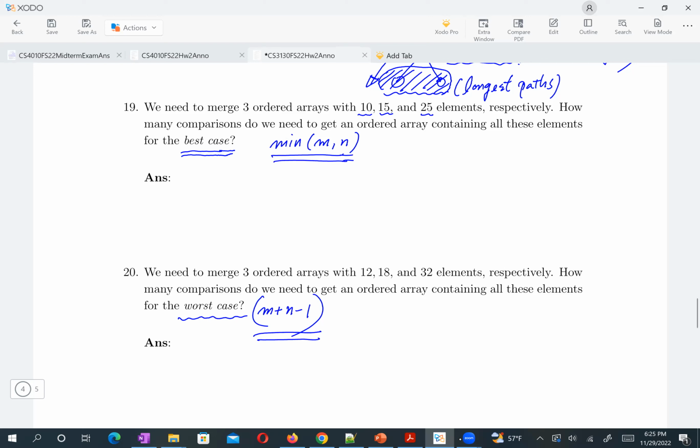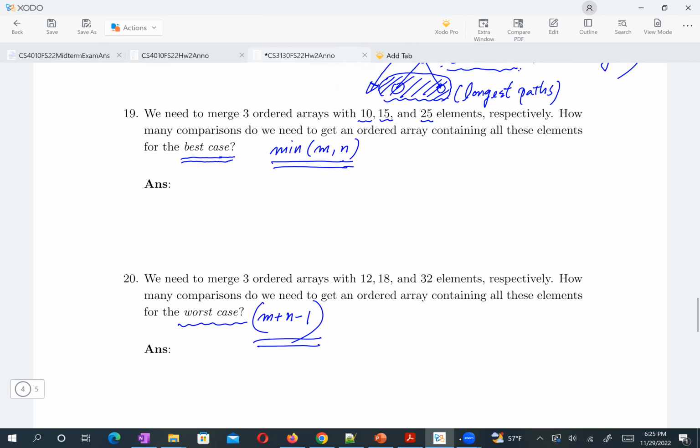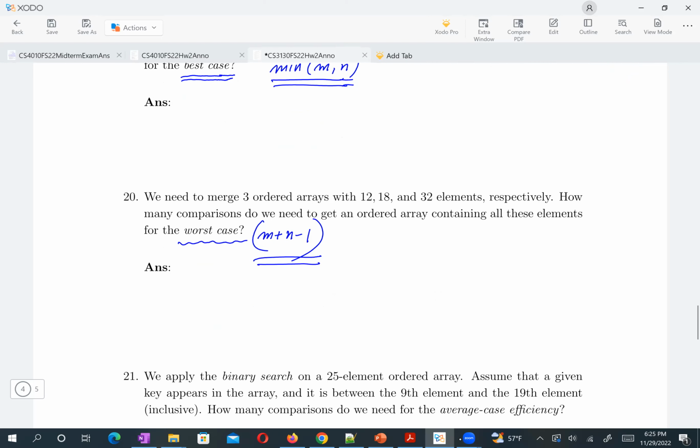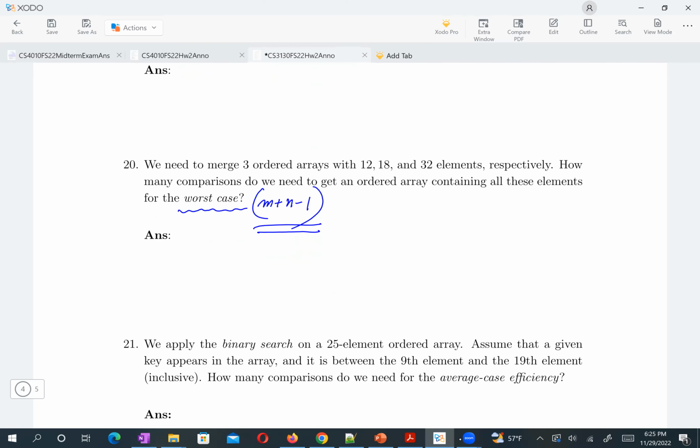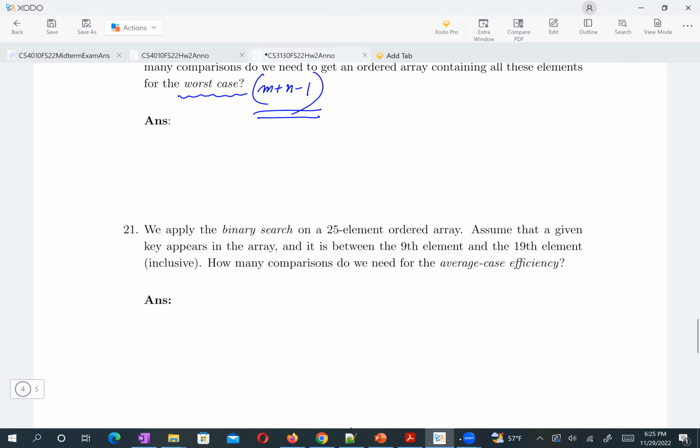Because only 3 arrays, you can try different ways to merge them. Different ways will give different answers. You only need to find the one with the smallest number of comparisons. And I noticed there is another similar one.